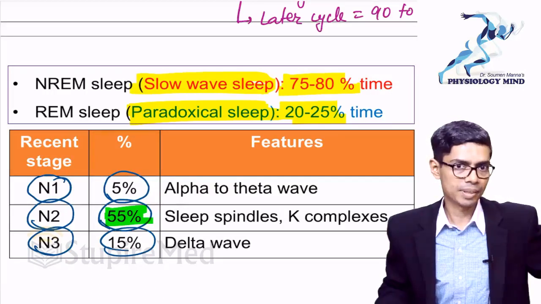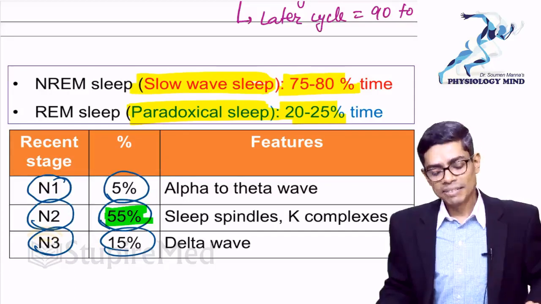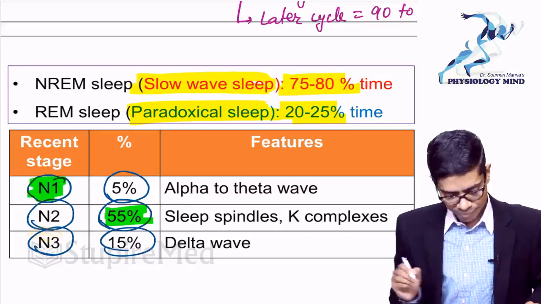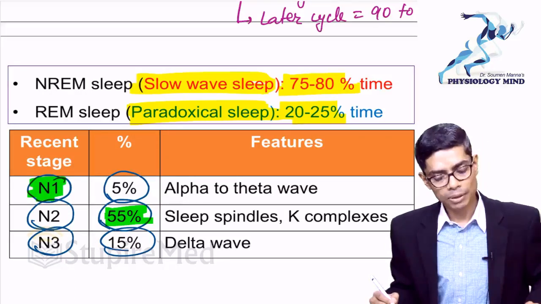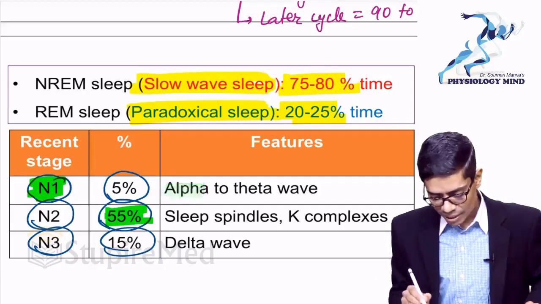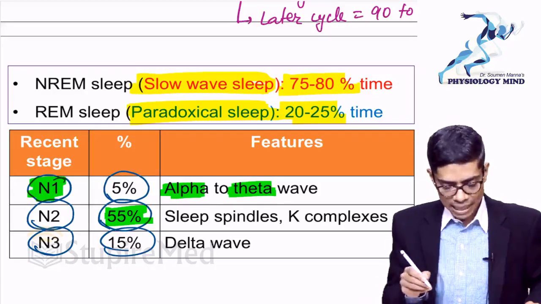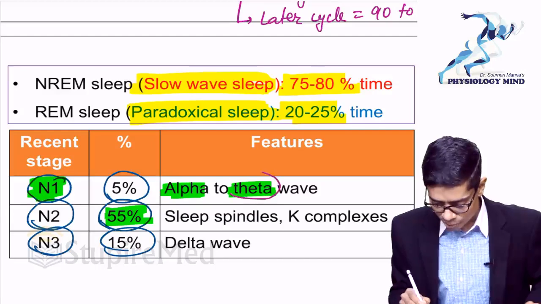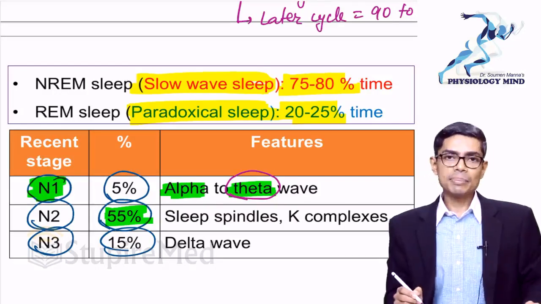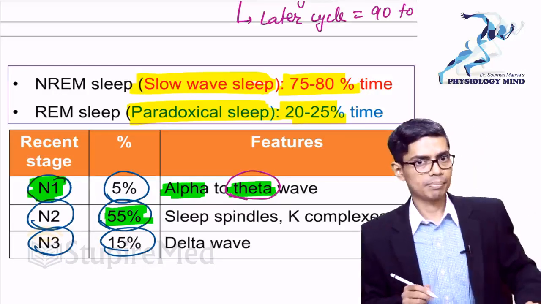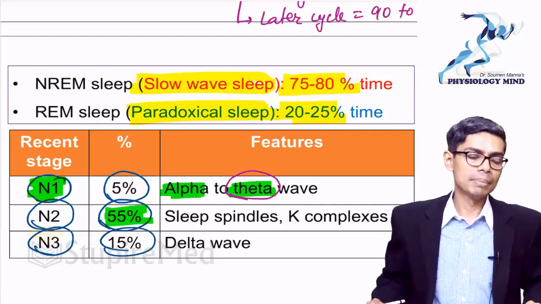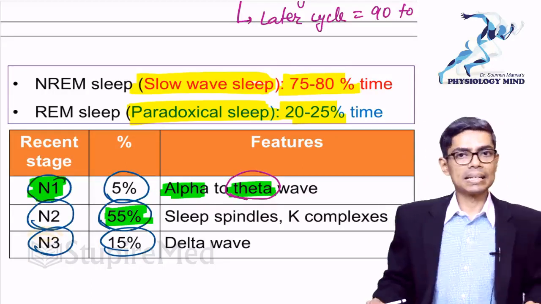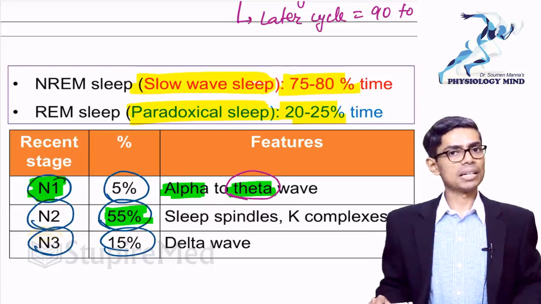What is the identifying feature of N1, stage 1 of non-REM sleep? Alpha to theta. If I have to mark only one, I'll go for theta. Why? Because alpha means the subject is still awake, the mind is wandering. But theta indicates the person has already entered into light sleep.